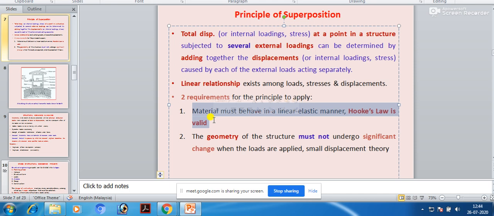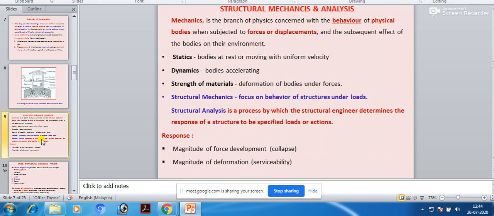In bending theory, we understood that any section remains plane before and after bending, and that is true. So the geometry of the structure must not undergo significant change when the loads are applied, and the small displacement theory must be considered while applying the principle of superposition.